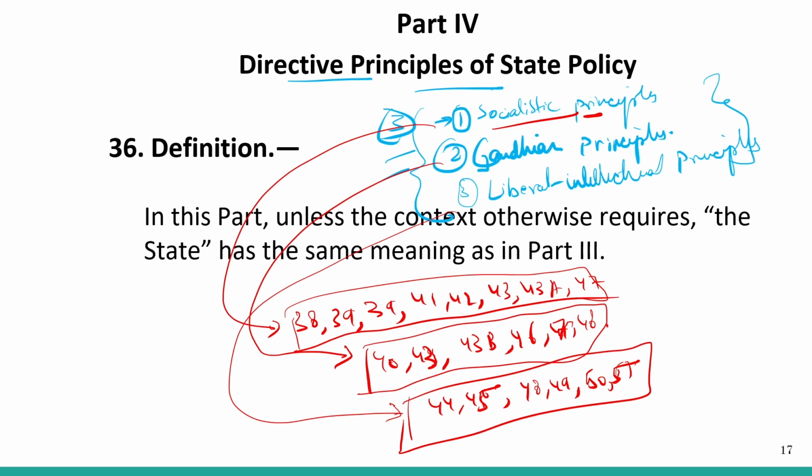It will ask you to classify which of these articles falls under the socialistic principles, and then they will give you different articles, say Article 38, Article 43, Article 45, maybe Article 50 as well, and ask under which principles they fall. So you need to retain under which principle each article is placed. This is how you make sure you cover each and every portion of your examination. So these are things you need to remember.